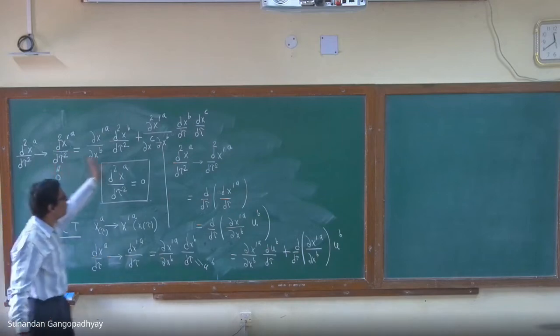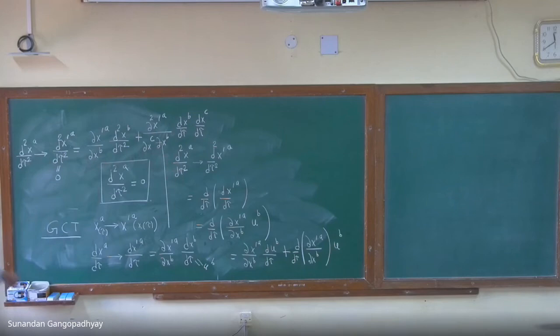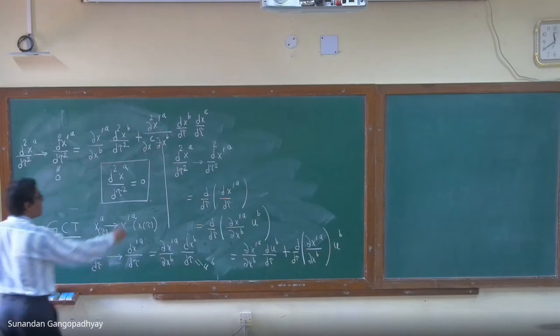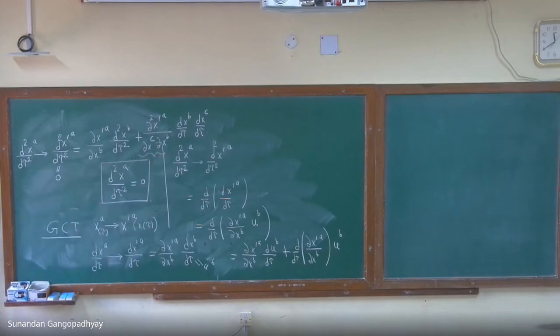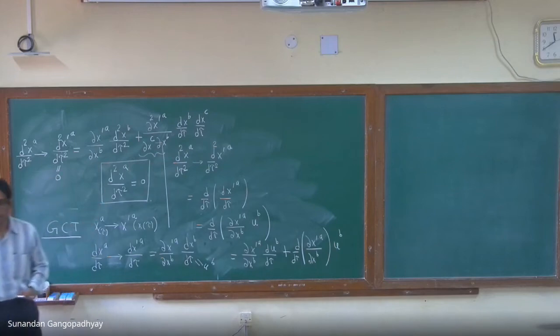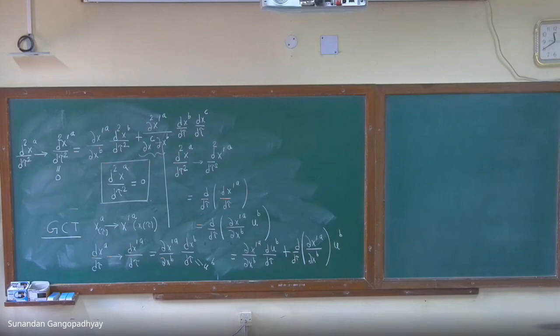But you can see that the covariant structure is spoiled because of this term. In curved spacetime, you cannot generalize the equation like this in a simple way. It is lost. So what to do?